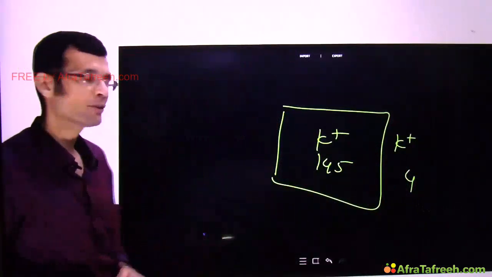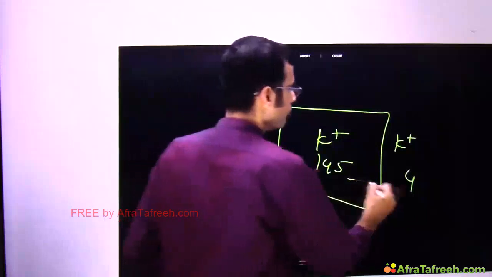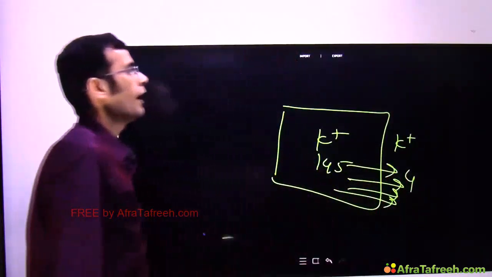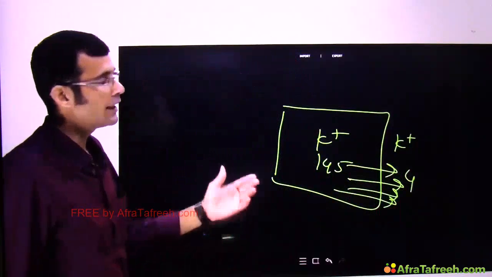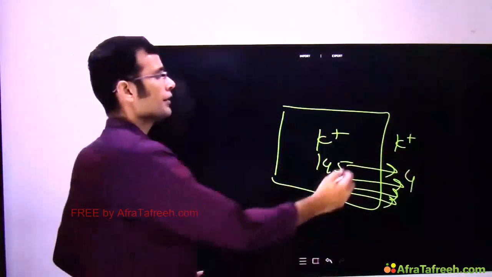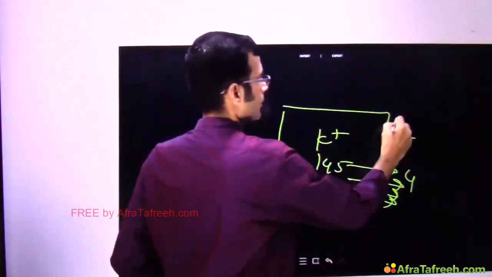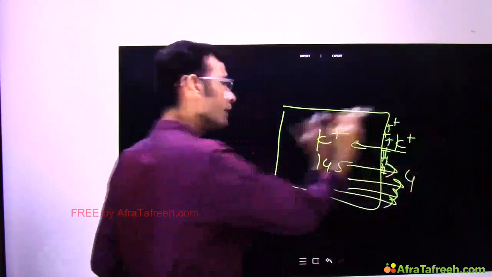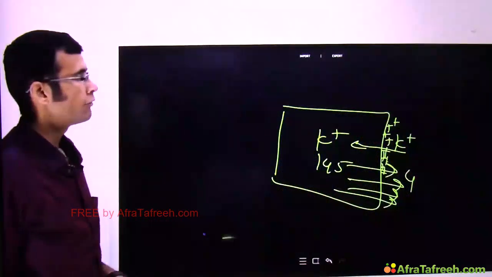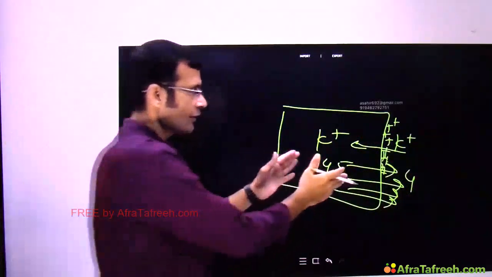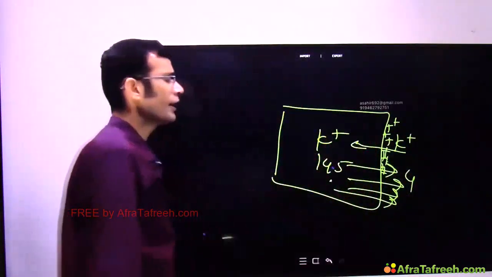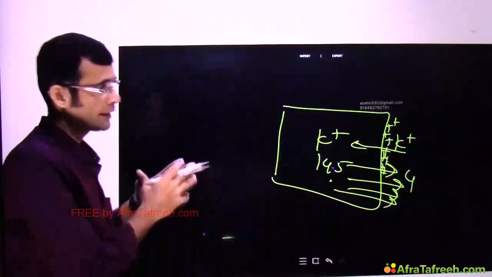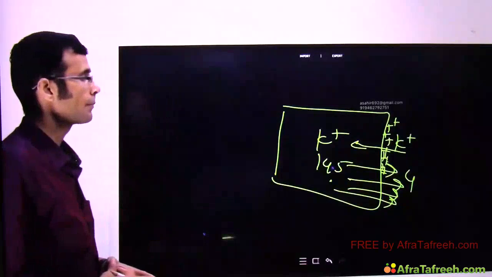So, by concentration gradient, potassium will move out initially and then it will create the electrical gradient, which will cause movement in the opposite direction. Finally, concentration gradient and electrical gradient will be equal and there would be no net movement of potassium.